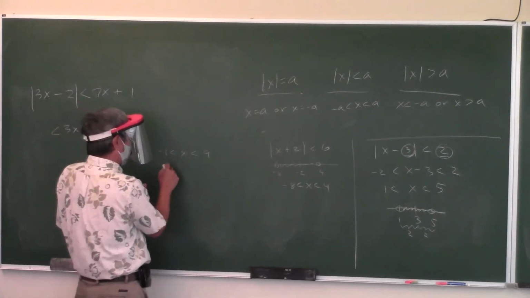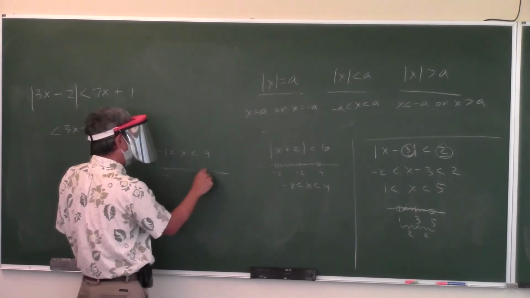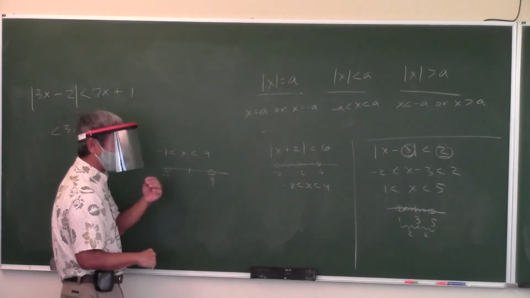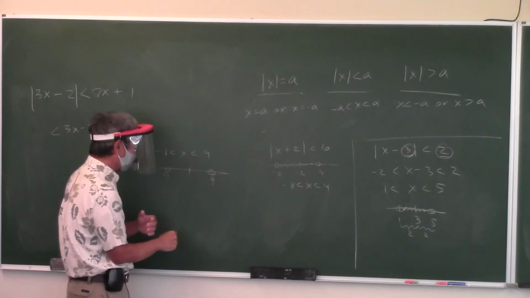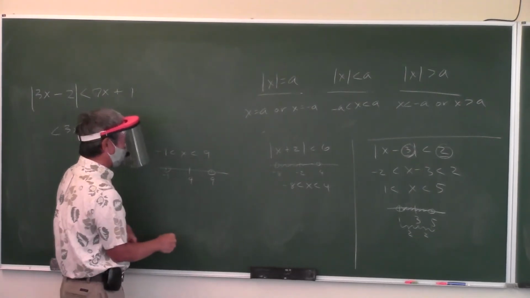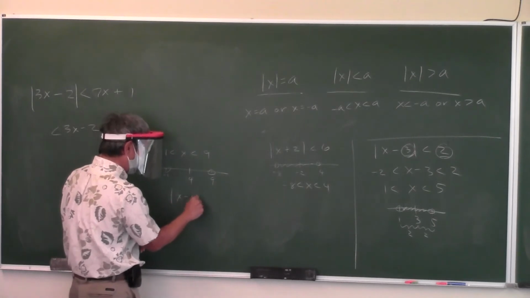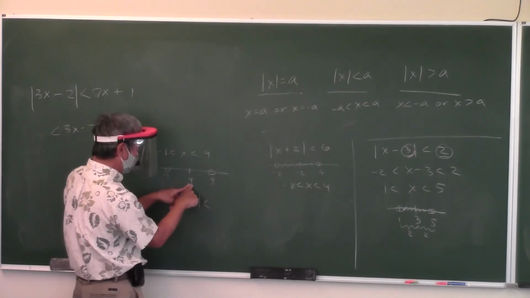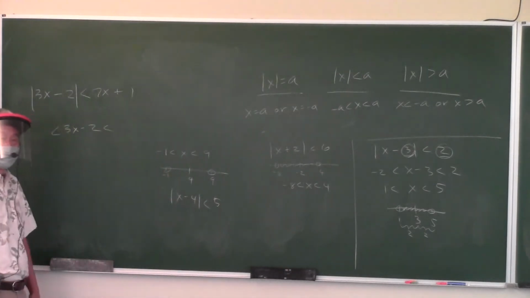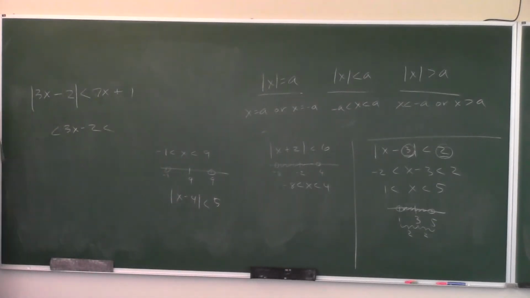But then easy, just think, okay, think of the graph, negative 1 to 9. What number is in the middle? Take the average. Okay, 4. So you would go absolute value of x minus 4, and then how far is it from 4 to the edge? 5. Boom. That's how you pick out the answer on the SAT.